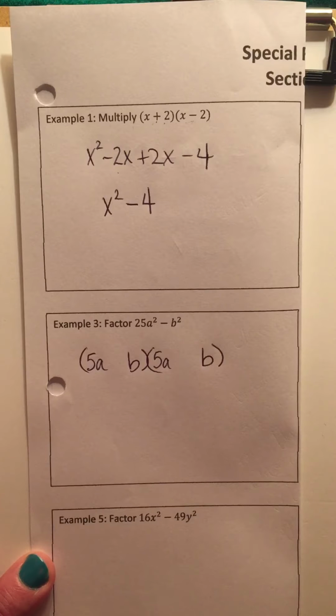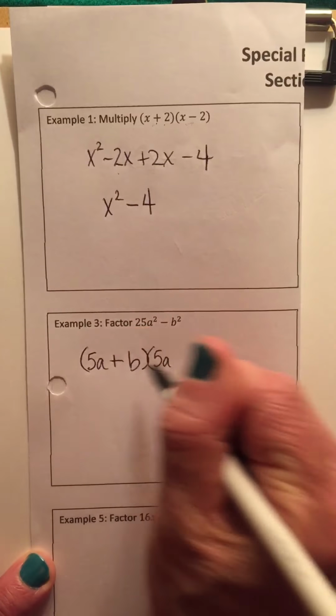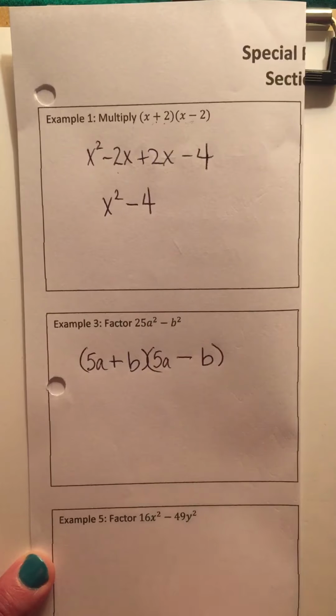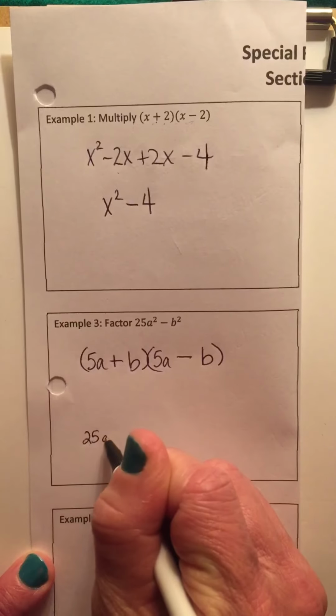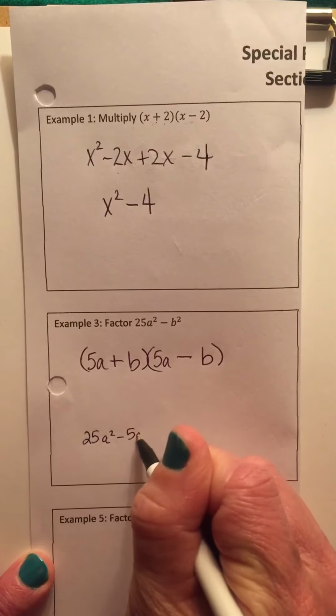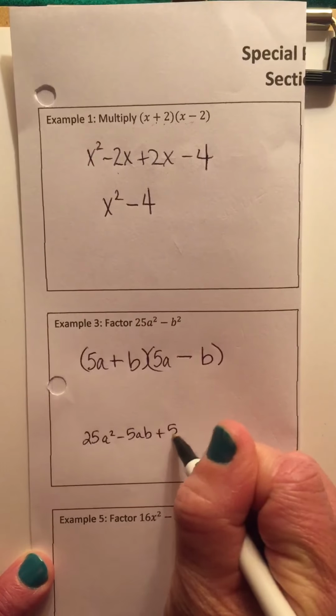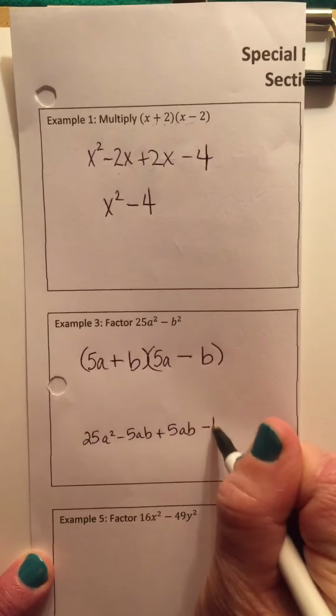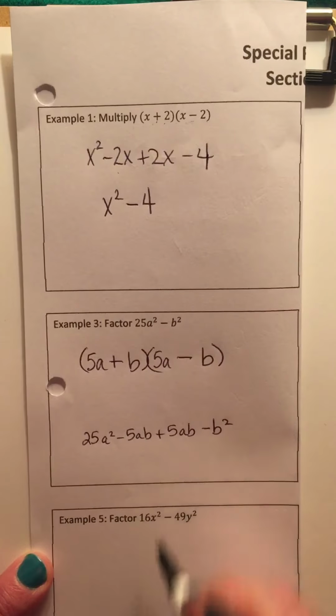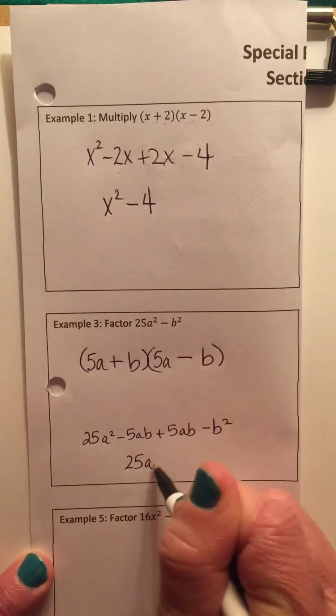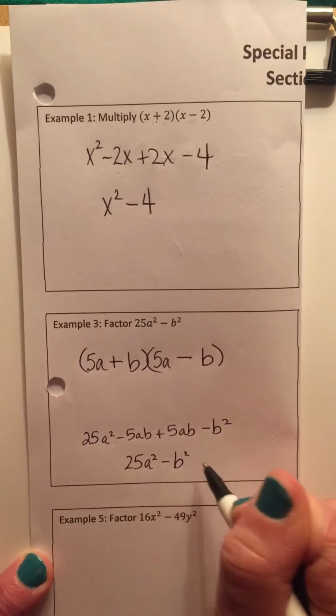To have our middle term equal 0, our signs are plus and minus. 25a squared minus 5ab plus 5ab minus b squared. It's 25a squared minus b squared, and it checks.